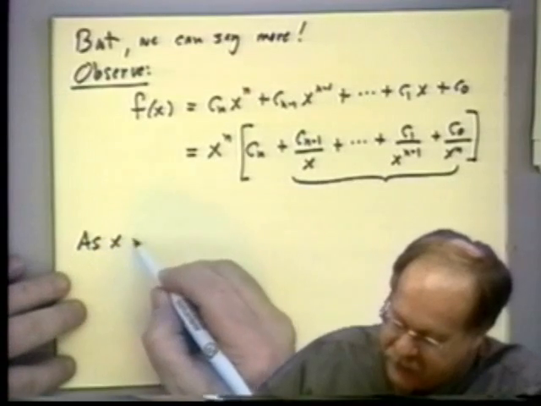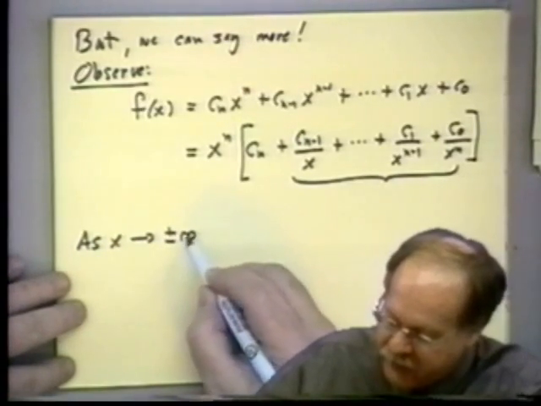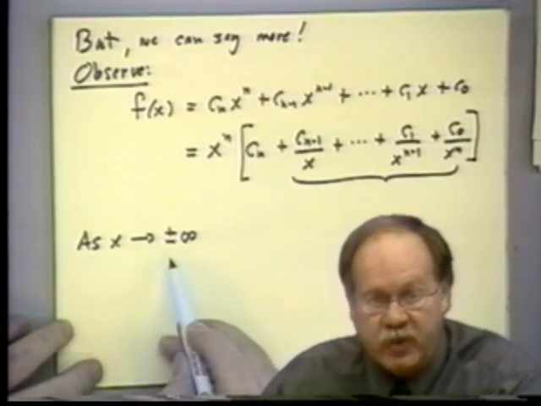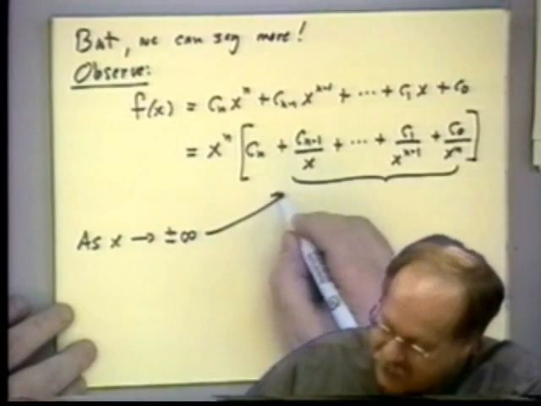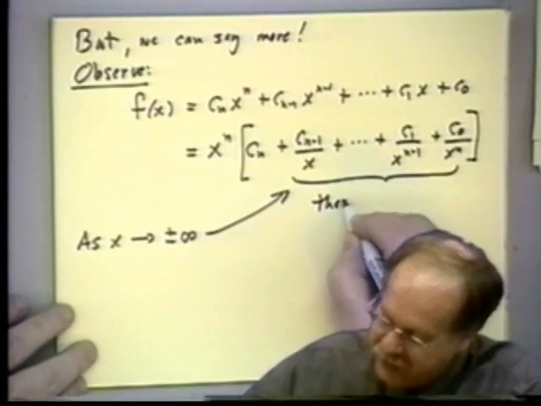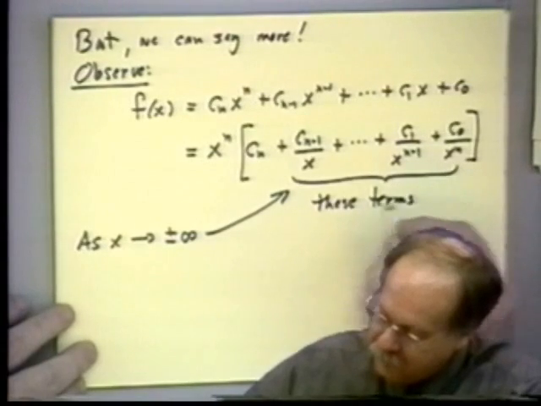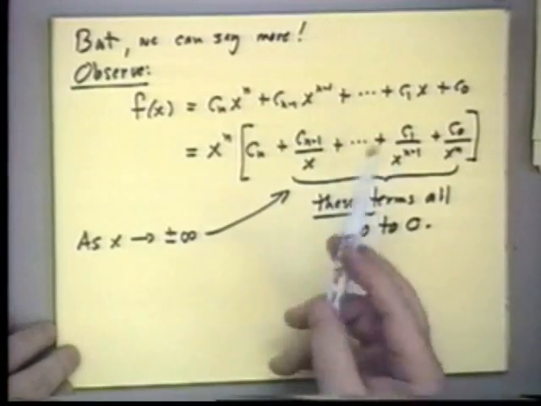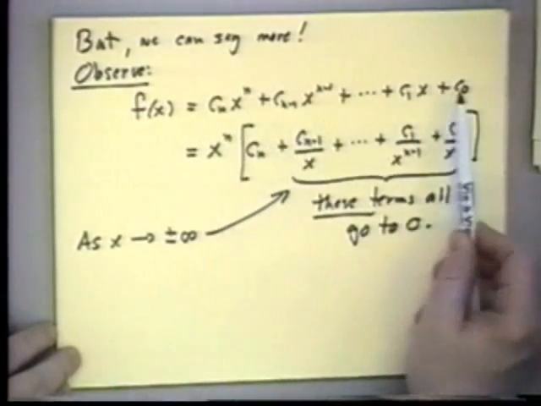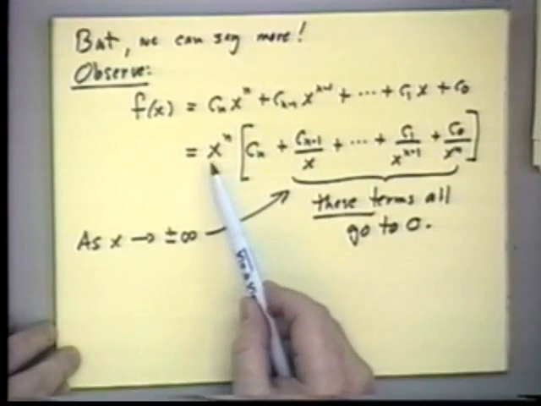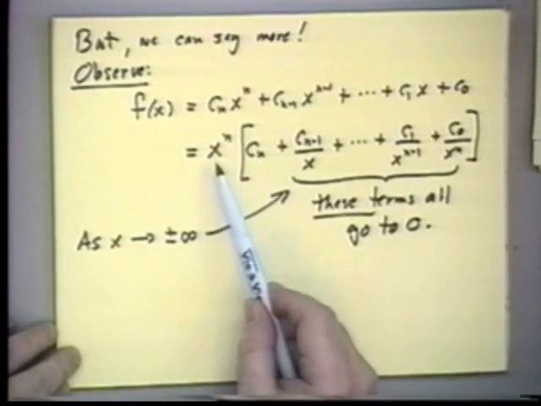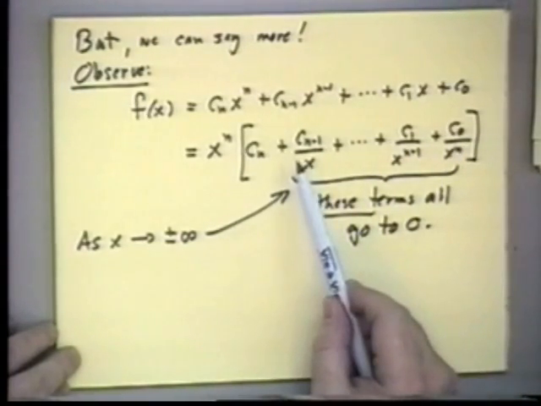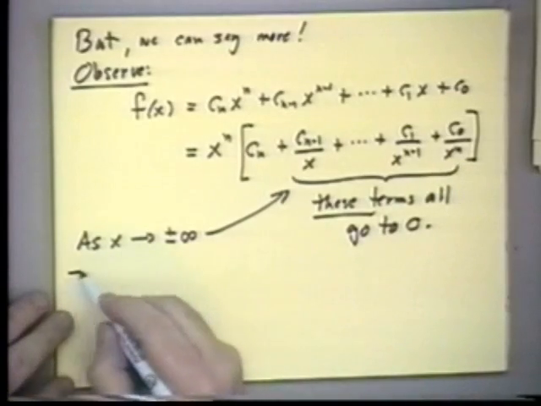So let's write that down. As x goes to either one of the infinities, so I'll write plus or minus infinity. When you see this, you have to read it as plus or minus infinity. It's simply shorthand. As x goes to plus or minus infinity, these terms I have marked all go to 0. So that suggests that whatever is happening to this polynomial function is essentially the same thing as this Cn times x to the n, because all the rest of this in the end goes to 0, or, as we like to say, becomes negligible.